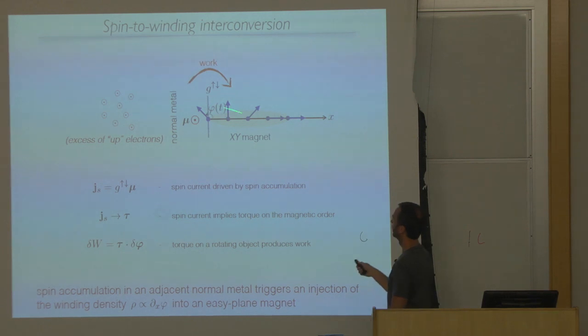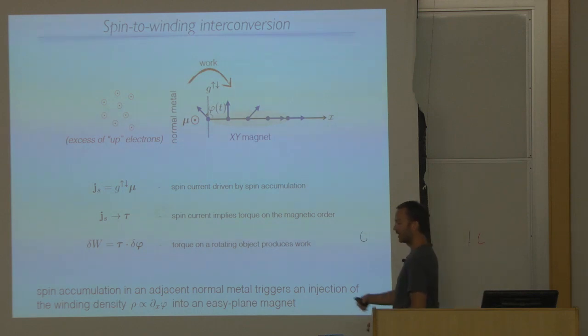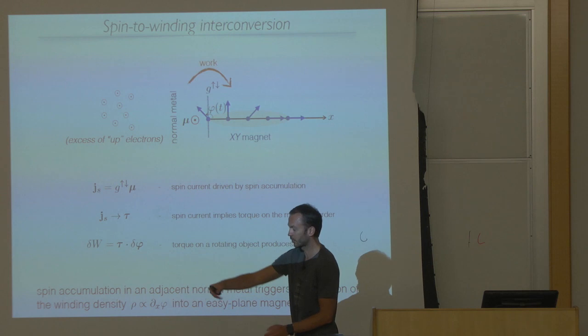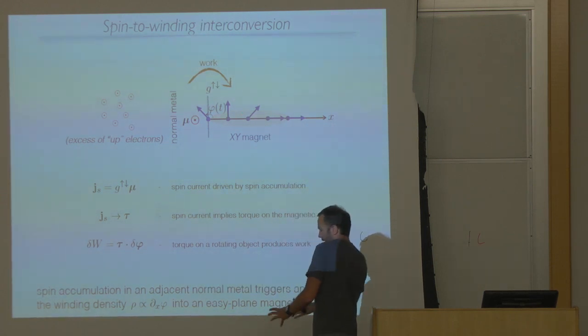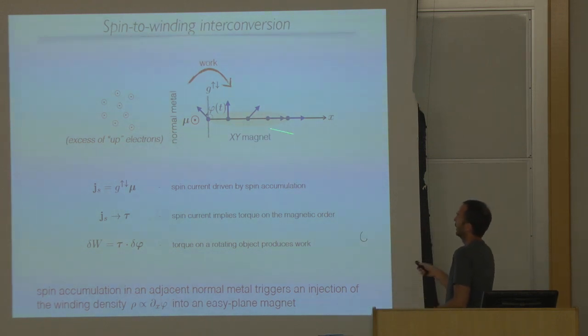And if you have easy axis anisotropy on the x-axis, what that winding injection would do is simply produce a train of chiral domain walls, which will eventually be pushed in and then somehow move around. Once that winding is injected, it has nowhere else to go.